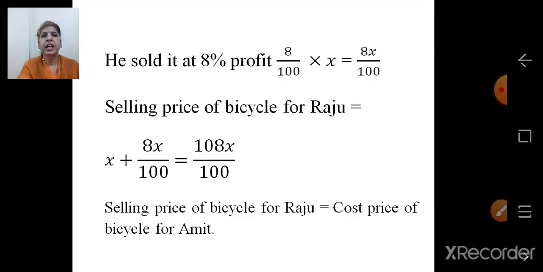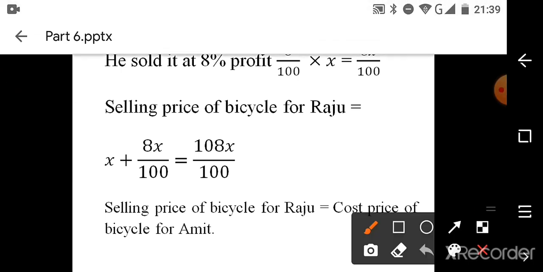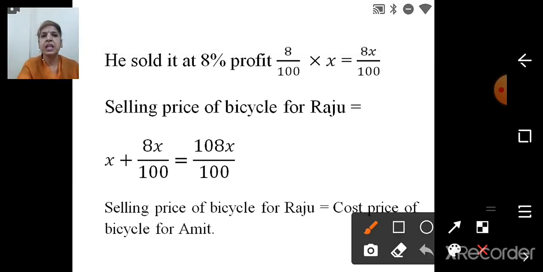Now Raju sold it at 8% profit. When we say 8% profit, it means 8 upon 100 into X, because percent profit is based on cost price, even loss percent. So 8% of X will become 8X upon 100. This is our profit. Now selling price of the bicycle for Raju is cost price plus profit.